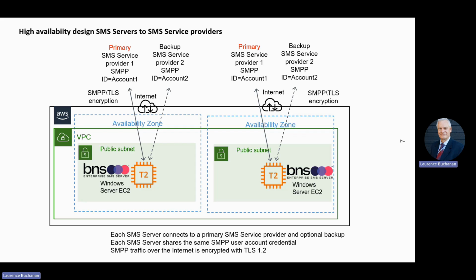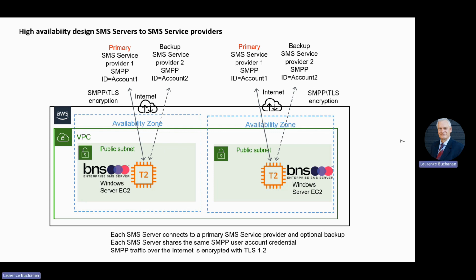Now, the important thing here is in a HA scenario, both the primary and the backup SMPP binds are both active. So what happens after, say, 10 minutes, if the primary comes back online? They had a glitch.